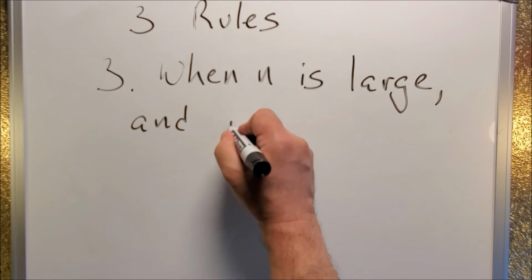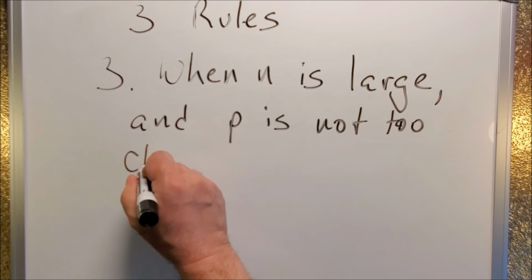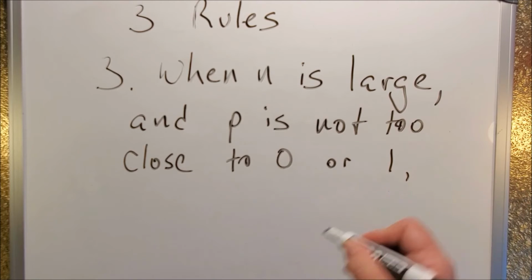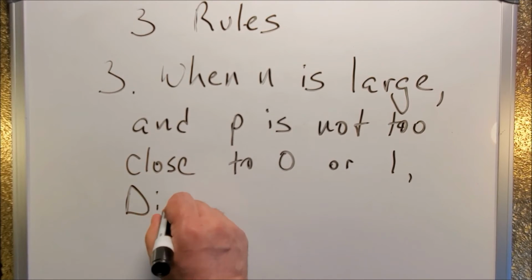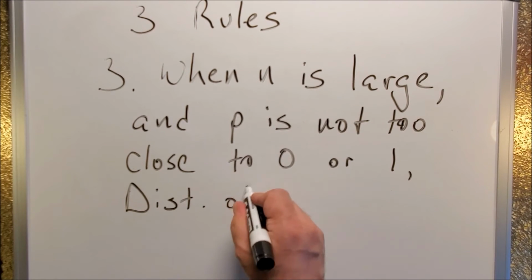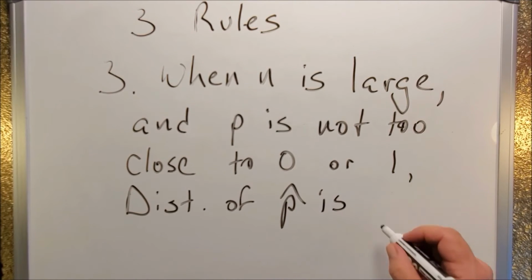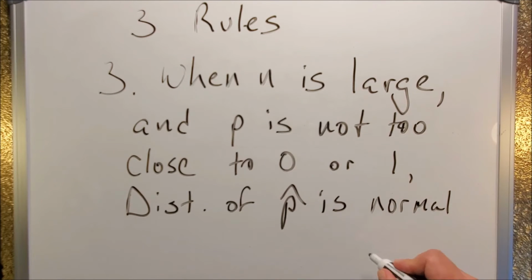And p is not too close to 0 or 1, the distribution of p hat, meaning the sampling distribution of sample proportions, is approximately normal. I'm going to write a symbol to represent approximately because I got tired of writing.